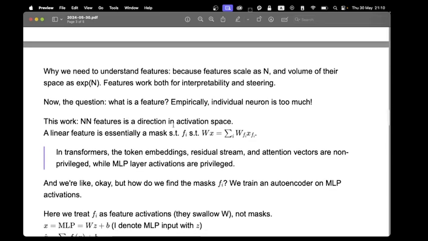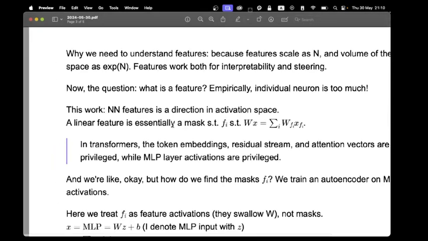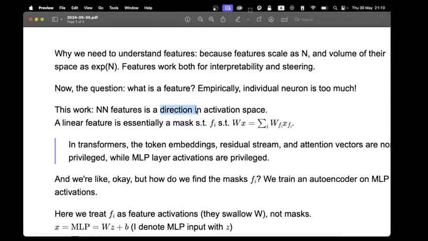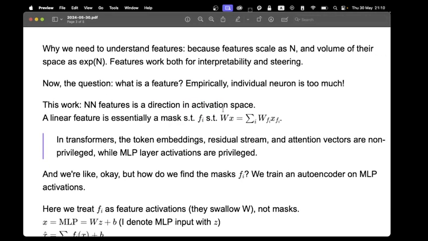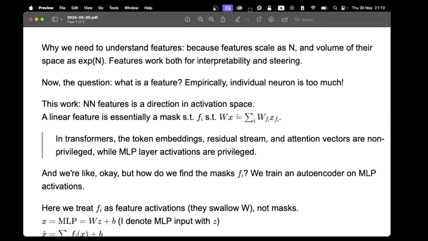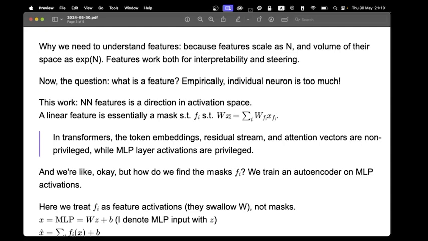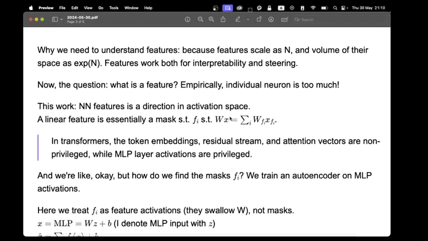So this work takes the feature to mean a direction in activation space. The way the authors write it is that we are talking about the linear layer here, so not attention, the linear layer.